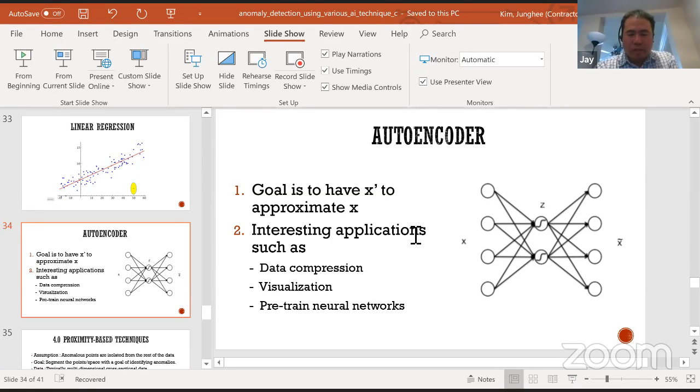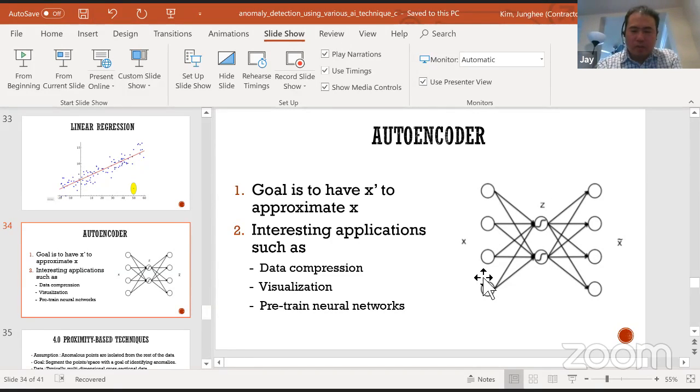So autoencoder is a type of neural network. The X in the beginning, the first layer, is the actual data, and then in the middle layer we have the Z value, which is the compressed representation of the data.